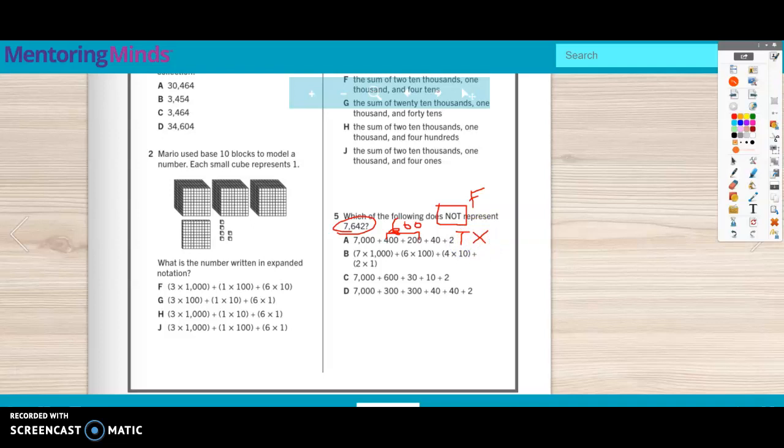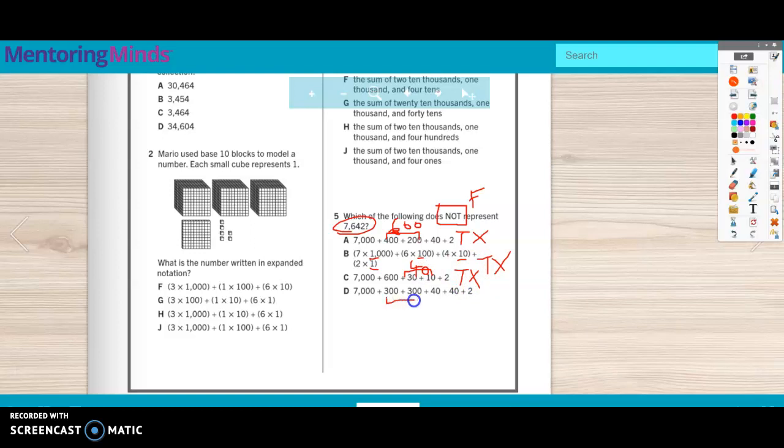B, 7 1,000s, 6 100s, 4 10s, 2 ones. That is representing 7,642. That's a true statement, not what we want. C, 7,000 plus 600. Together, this is 42, just like A. So that's a true statement, not what we want.